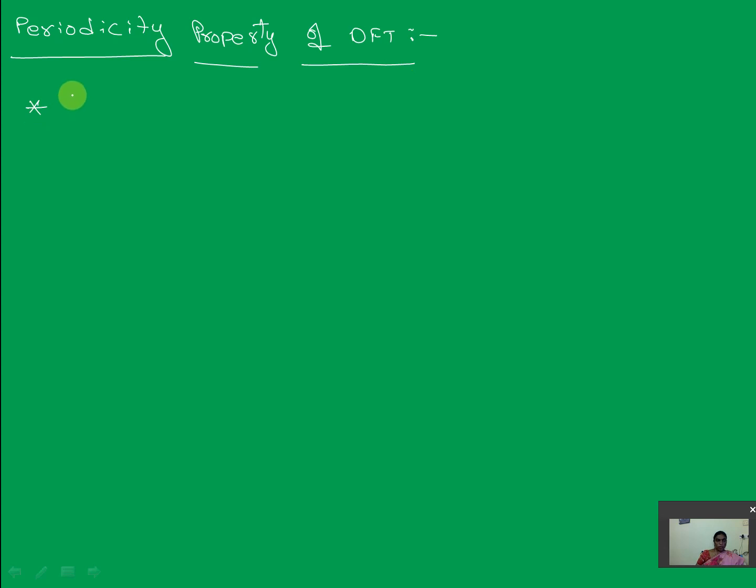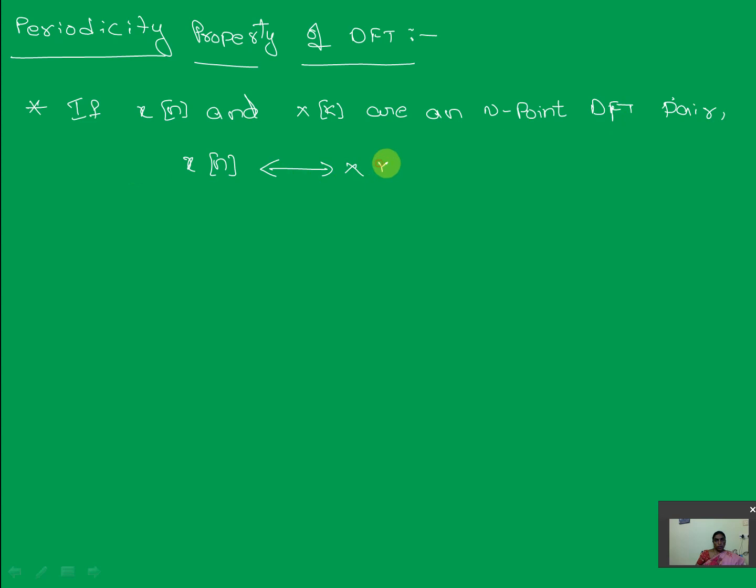The statement is: if x of n and X of k are an N-point DFT pair, then x of n plus N is equal to x of n for all n.